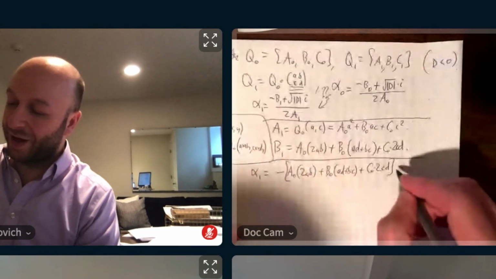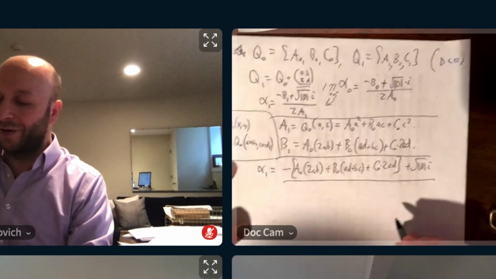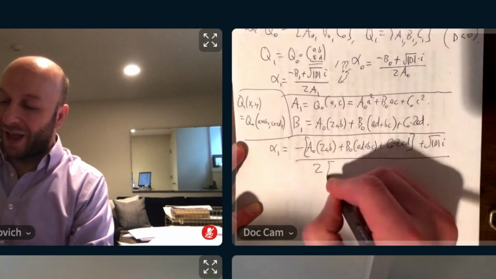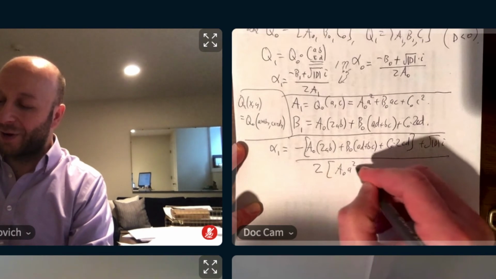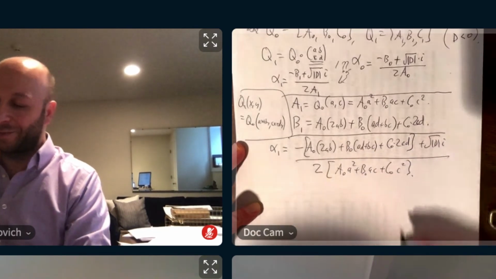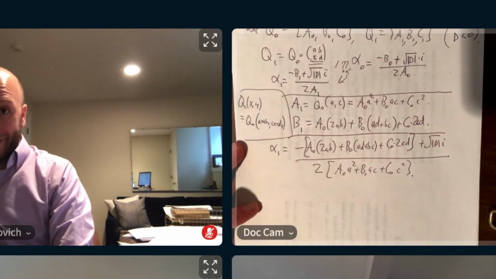Plus square root of D times I, all over twice A1. A1 is A0 A squared plus B0 AC plus C0 C squared. That's what A1 is.